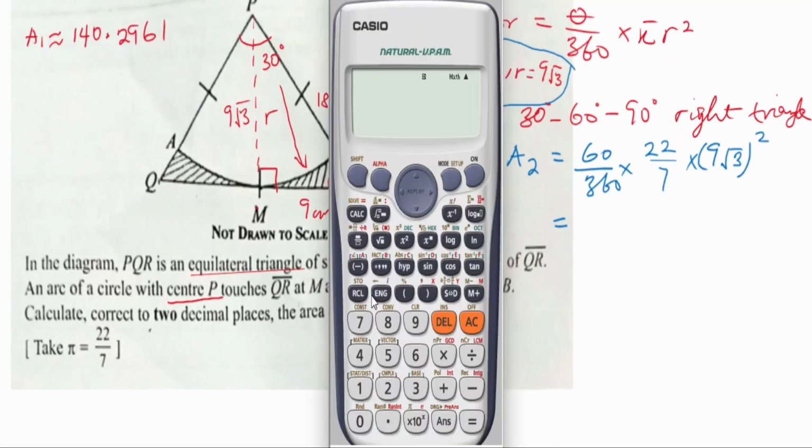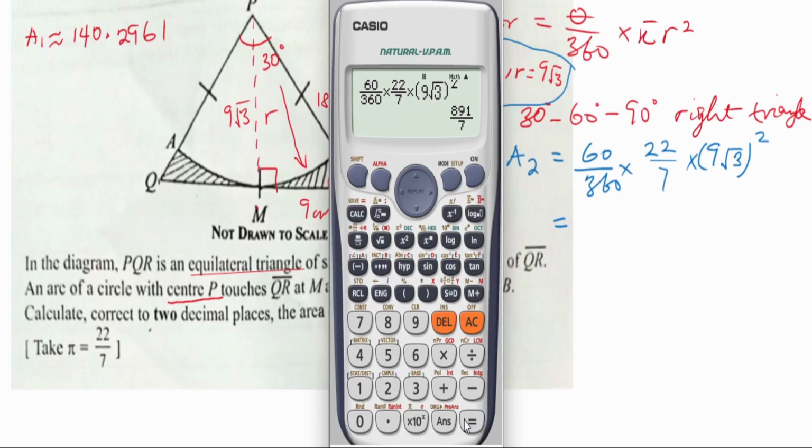So we have 60 over 360. Remember to bring the cursor forward, times 22/7. Move the cursor forward. Then times, we are squaring the 9 root 3, so we bring parentheses, 9 root 3 all squared.